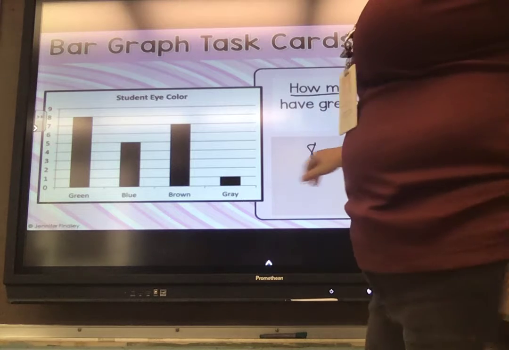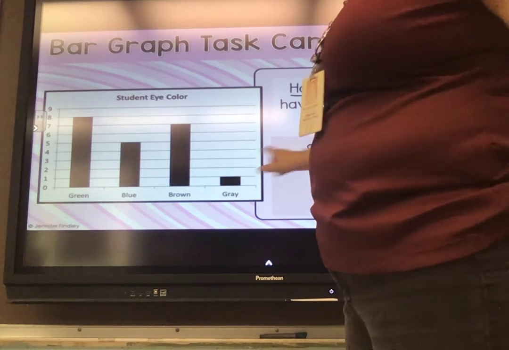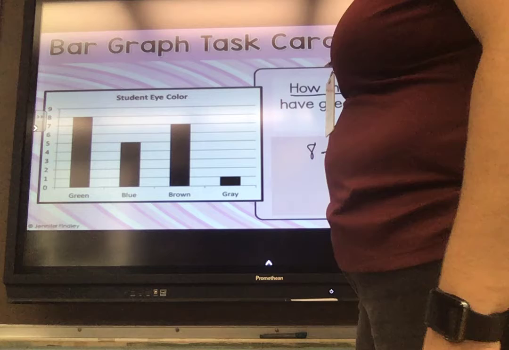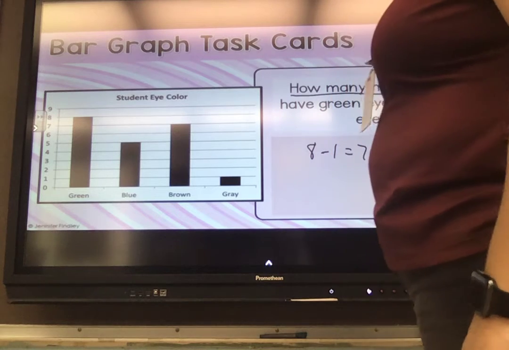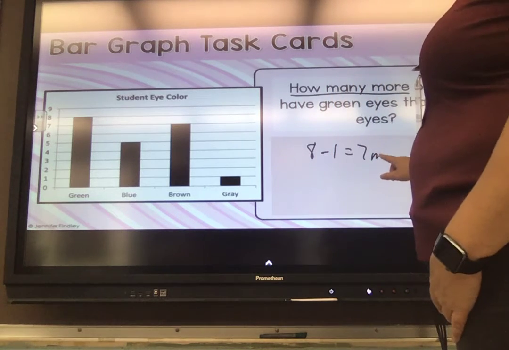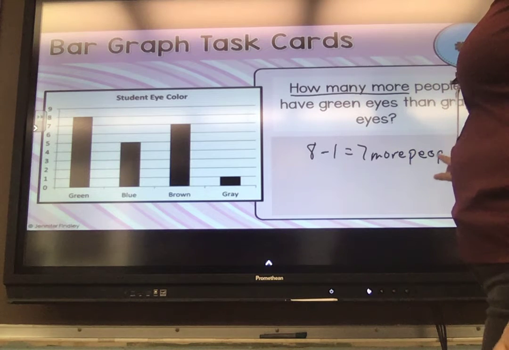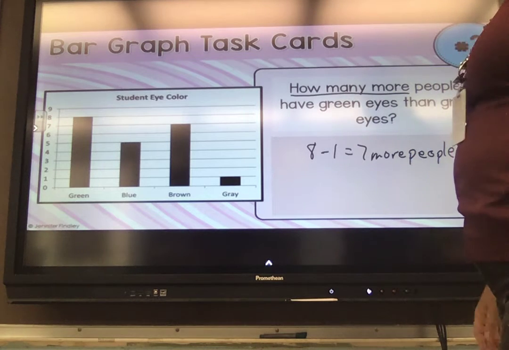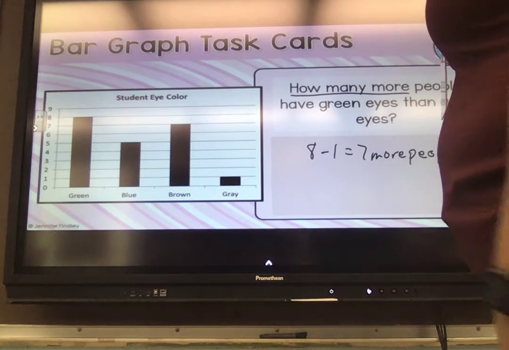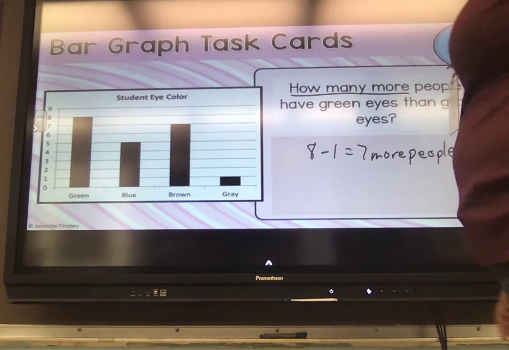And then gray is from 0 to 1. So how many more means to subtract? So there would be 7 more people. And you'll just double click in that box and put 7 people. Or 7 more people is fine too.